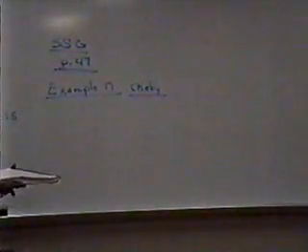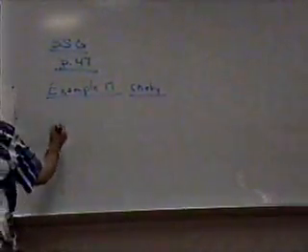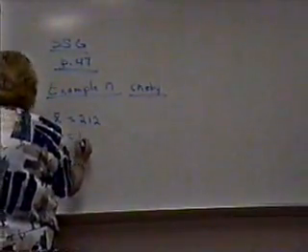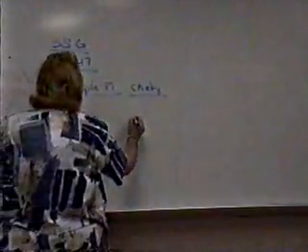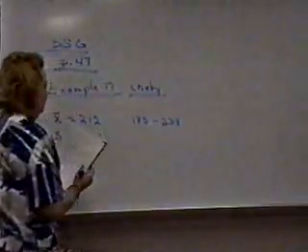So if they don't come right out and say normal, you have to use Chebyshev's. They told you the mean is 212 and the standard deviation is 18. They want to know what percent of the values are between 185 and 239.